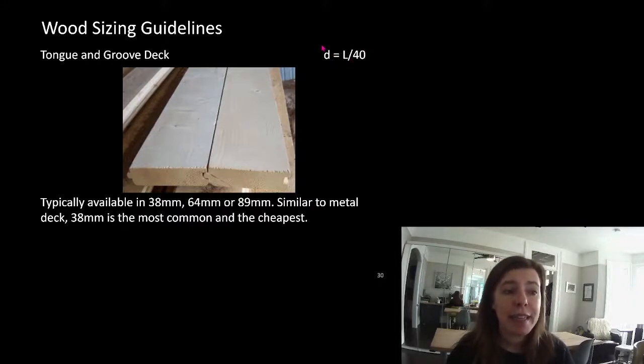Now, interestingly enough, remember our metal deck was L divided by 50, and it's made at 38 millimeters thick. The reason metal deck was made at 38 millimeters deep, which is a weird number, why would you make something at 1.5 inches? It's because it was trying to be a cheap, economical replacement for wood tongue and groove deck, so wood elements that spanned.